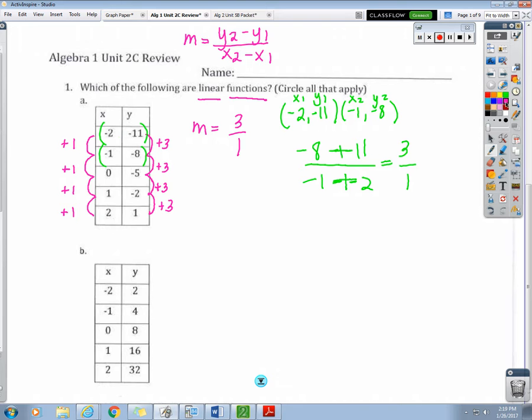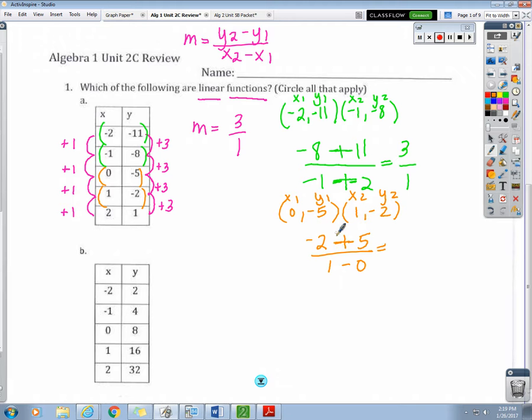Now, if you're doing it that way, you have to do 2 different sets of points. So like we have to pick another 2 points and do the slope formula, which is the longest way to do it. 0, -5, and 1, -2. So that would be the x1, y1, x2, y2. So when you plug it in, you would do -2 minus -5 over 1 minus 0.